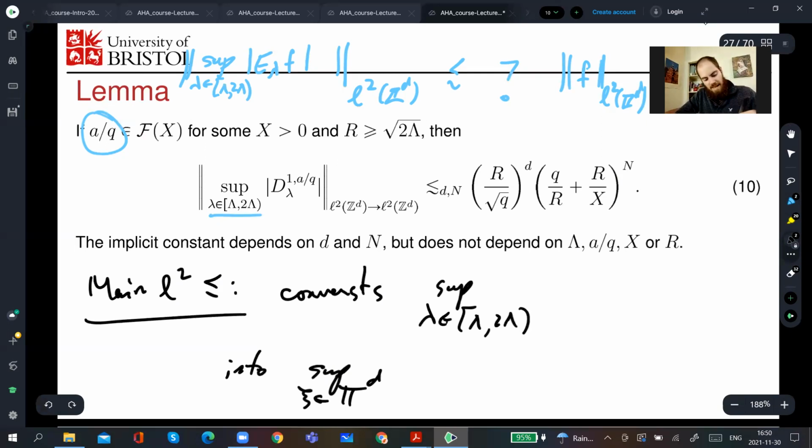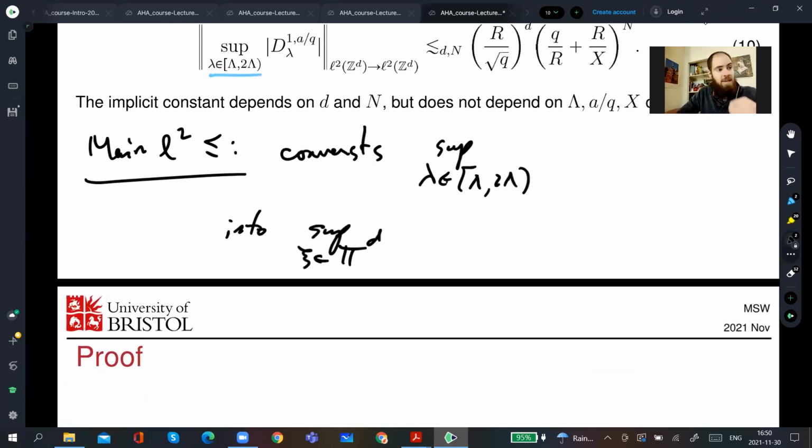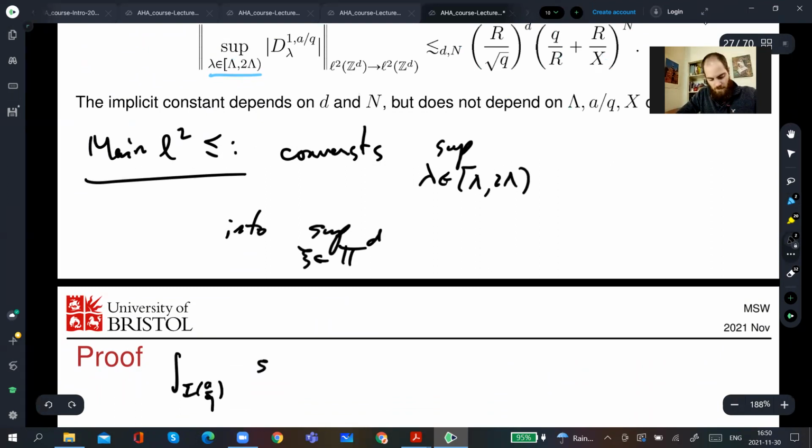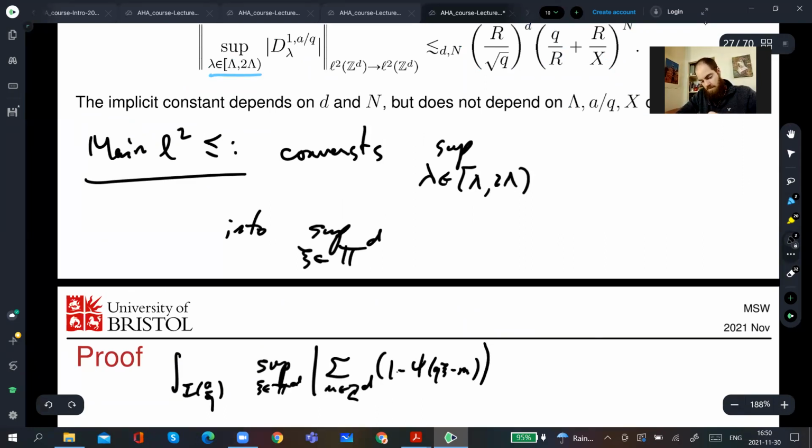Okay, that's roughly what it says. And what that means precisely for this setting is that what I need to bound actually is the following. I want to bound the integral of I_{a/q} of the supremum over all c on the torus of the absolute value of the sum over m in Z^d. Well, this is of course fixing a over q. What do I have? 1 minus psi of q(c minus m) times the Gauss sum.